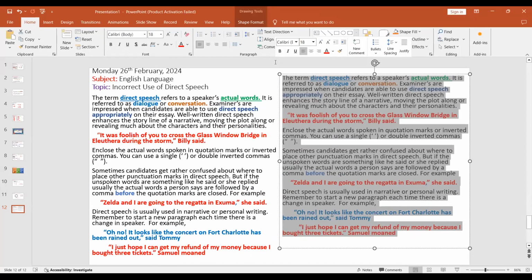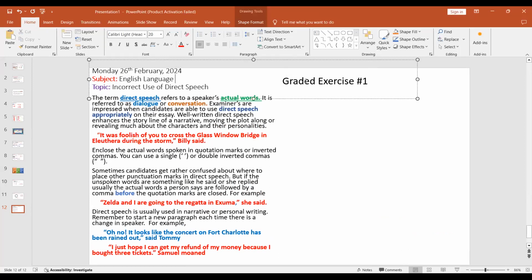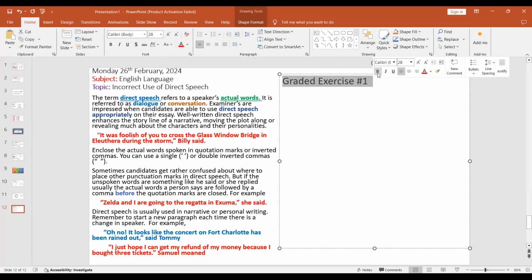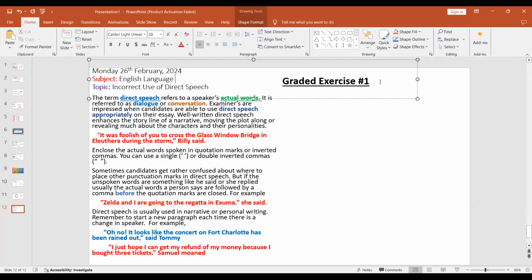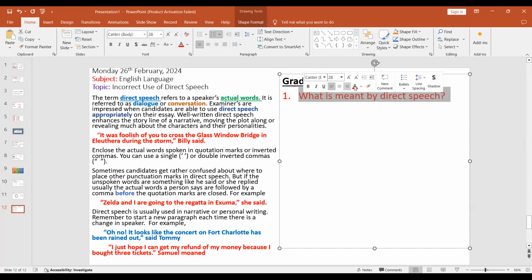So, grade exercise. Number 1: what is meant by direct speech? So when we say direct speech, what do we mean? What are we referring to?